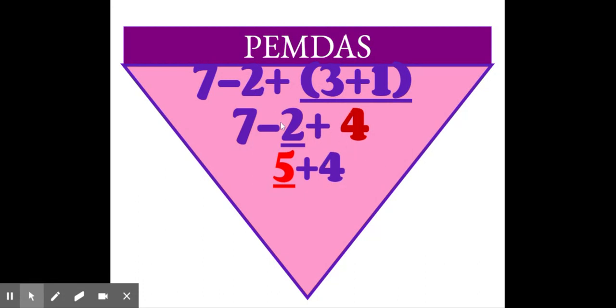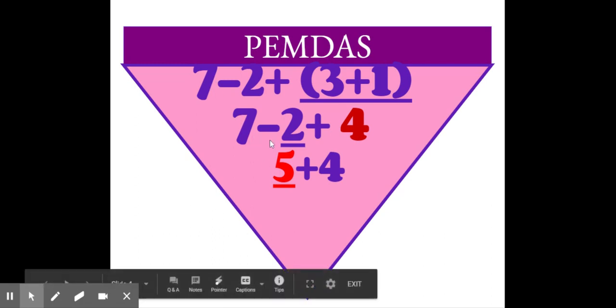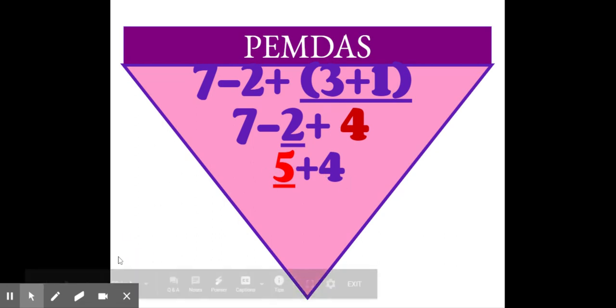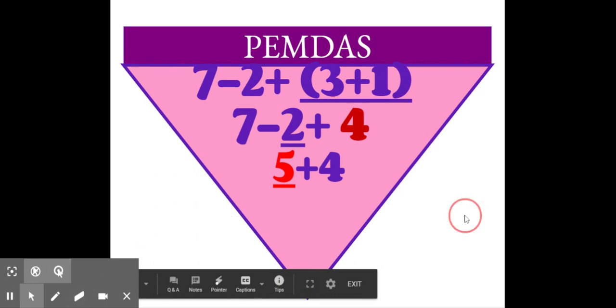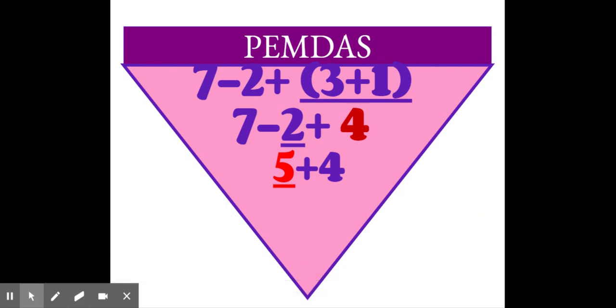You bring everything down. We bring the 2 down and the 7 down. We then solve 7 minus 2, which will give us 5. And we add that to 4. Our answer would be 9.